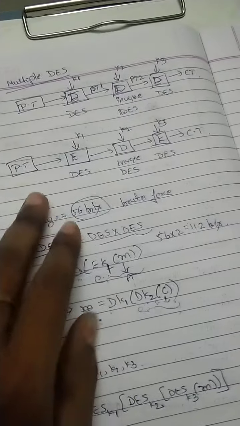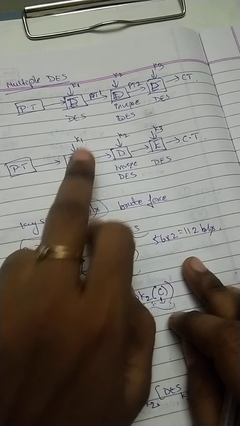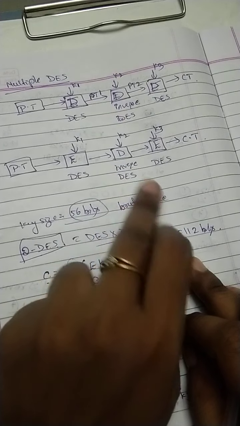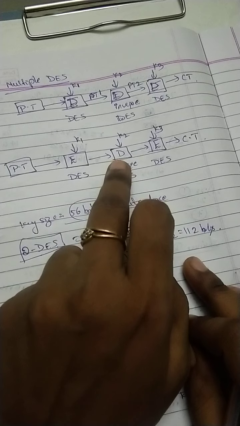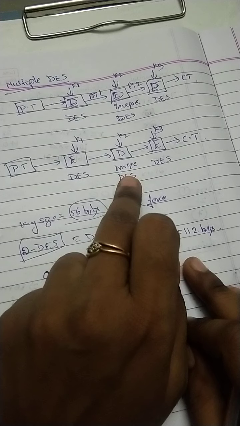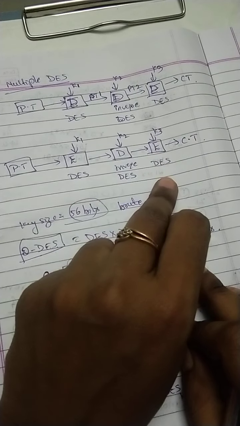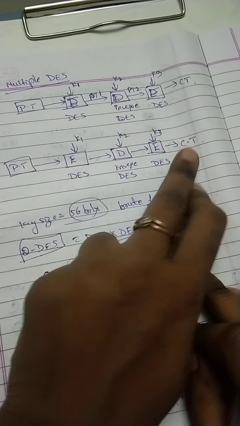On the plain text, we first apply encryption using key 1, the normal DES algorithm. Again we apply the inverse DES algorithm using K2. In the middle we use the inverse DES. Then using another key, we again encrypt the message using the DES algorithm. Then we get the ciphertext.